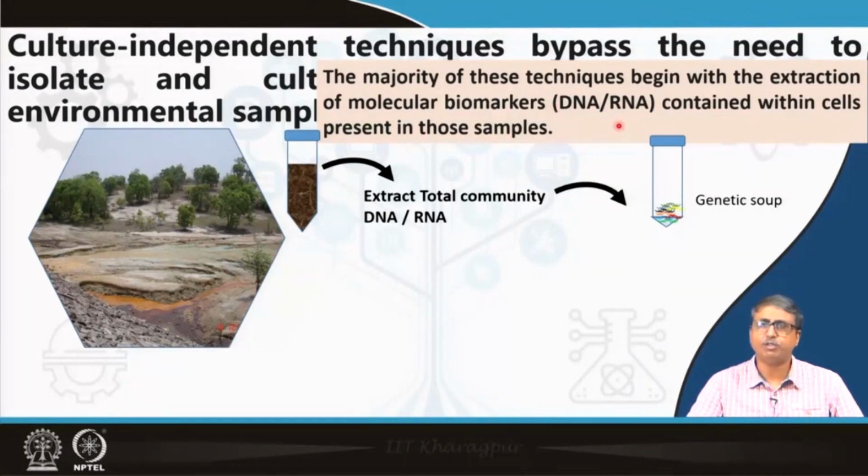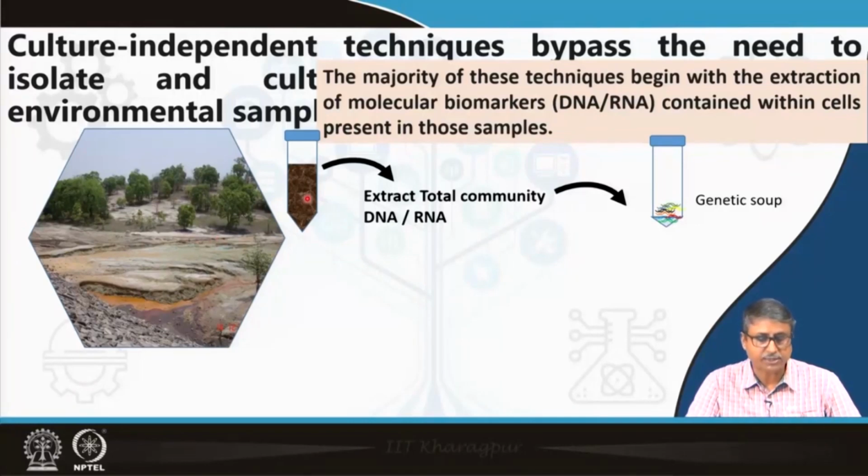Either of them, or both of them, can be extracted separately from the sample, and this nucleic acid will include the DNA and RNA from all the cells present in the sample.